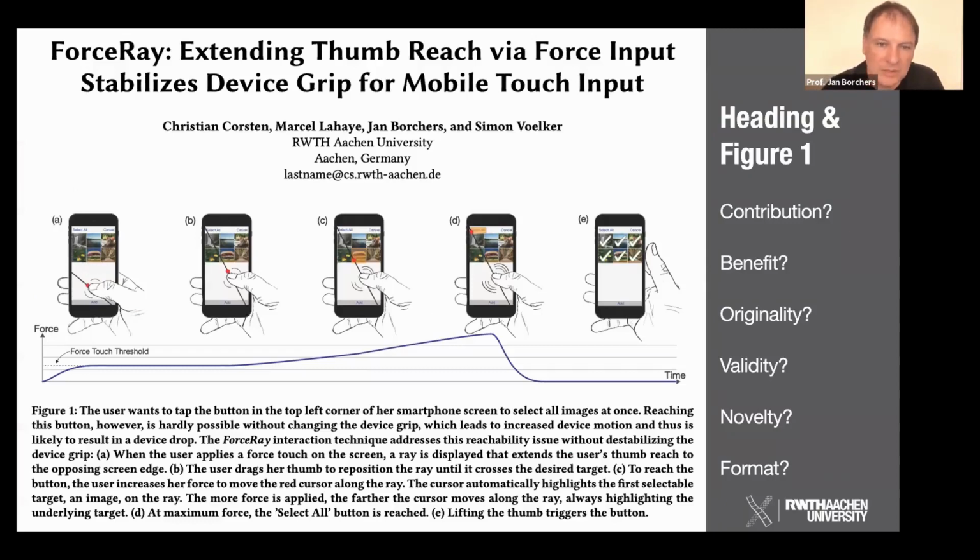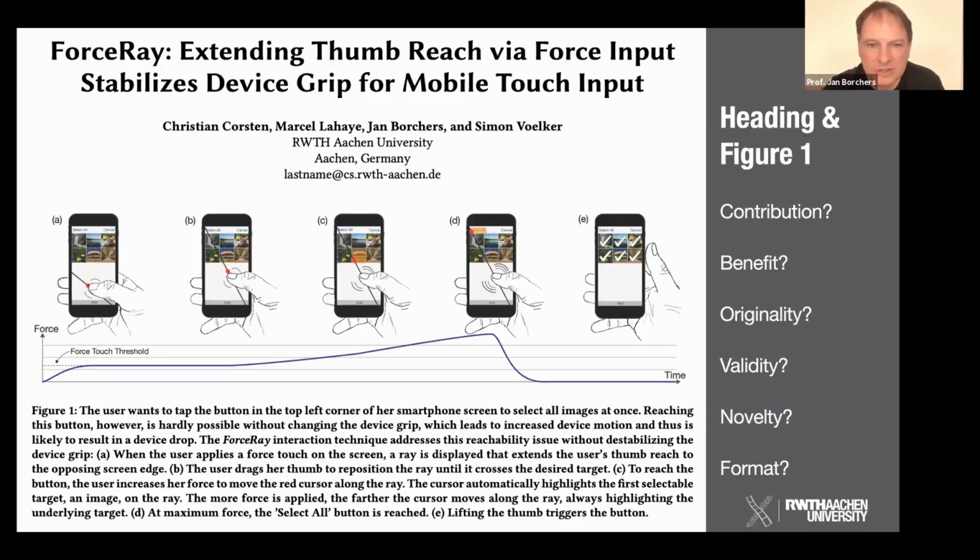Written by one of our former PhD students who finished up recently, Christian Kors. He was the lead researcher behind this. But Marcel, Simon, and I are still here. This paper was published at CHI with good reviews, and we want to use this to show you where stuff is hiding. Let's start with the beginning.